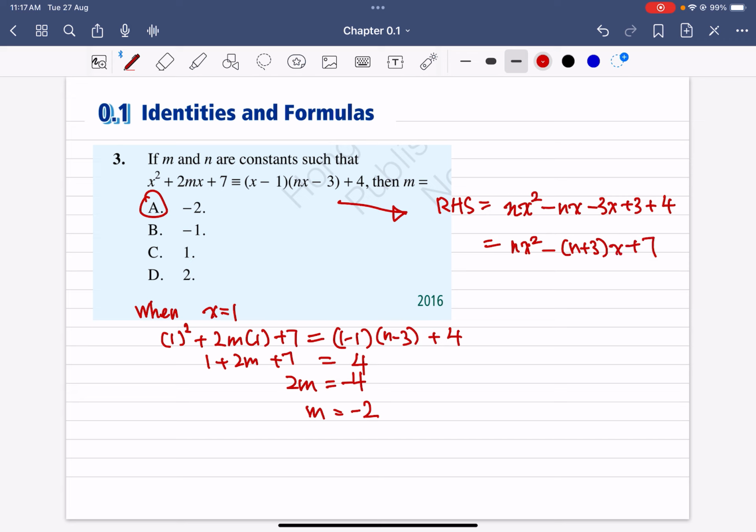So compared to the left hand side, you know that nx squared is equal to x squared, so n is equal to 1. So when n equals 1, that means the term here is minus 4x. And then 2mx is identical to minus 4x. So you have 2m equals negative 4. So you know that m is minus 2 as well.